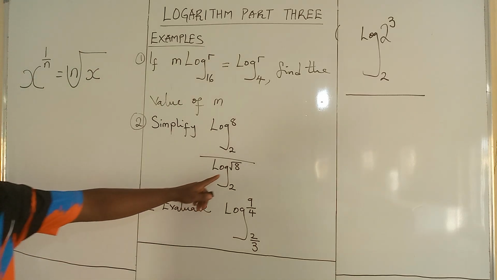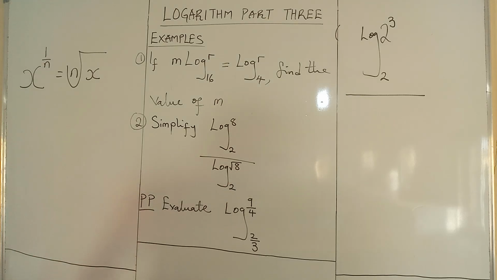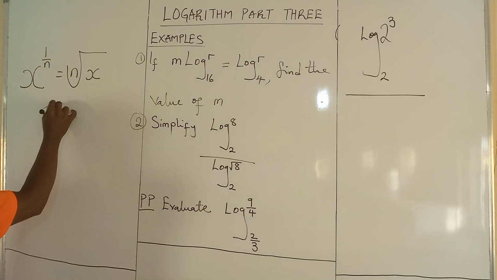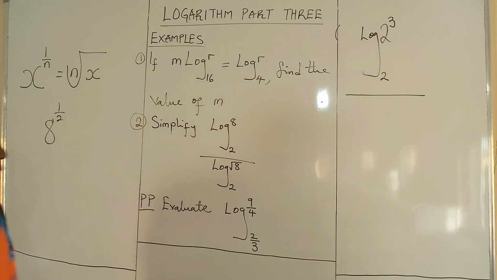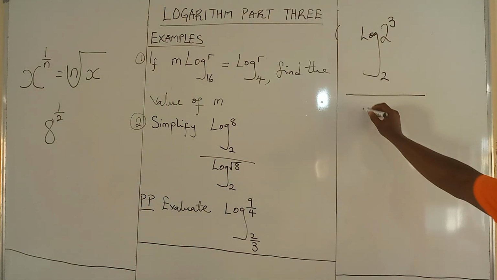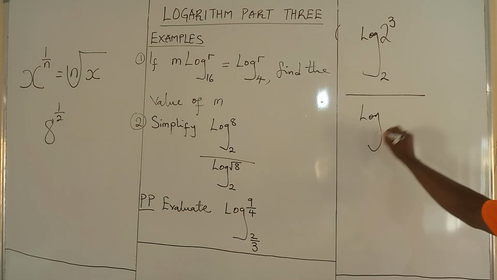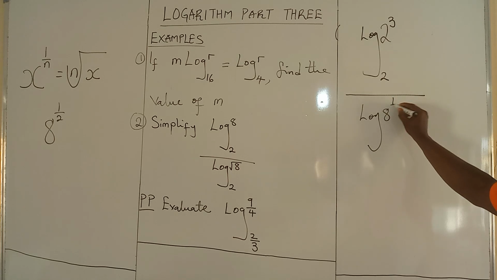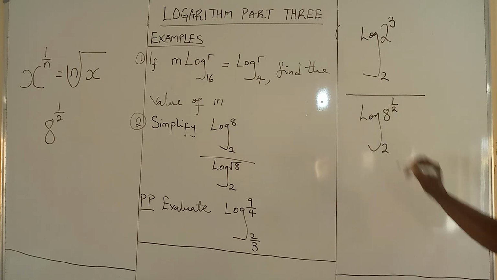So the square root of 8 is the same thing as 8 raised to power 1 over 2. Based on that law of indices, this can be written as log 8 raised to power 1 over 2 base 2.